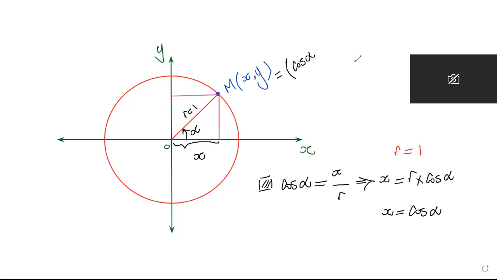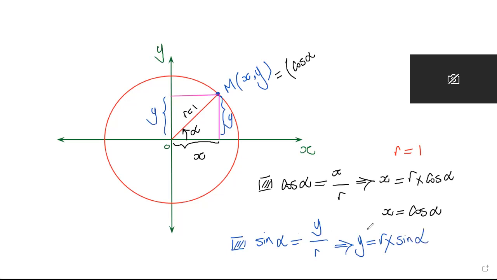But for the same angle, we can also define another ratio, sine alpha, which is essentially the length of the opposite. The opposite is essentially y, because here is also y. Then sine alpha is y over r, so y is r, the radius, multiplied by sine alpha.